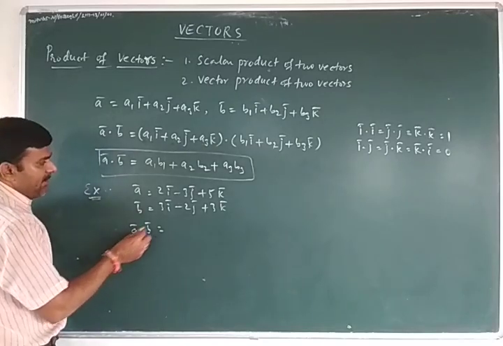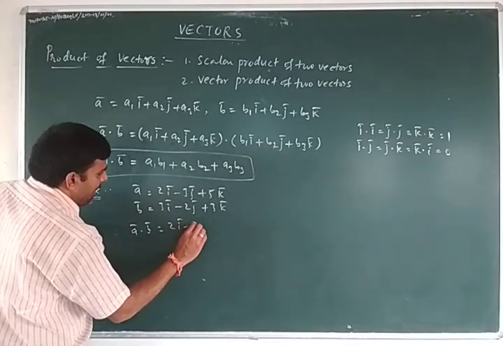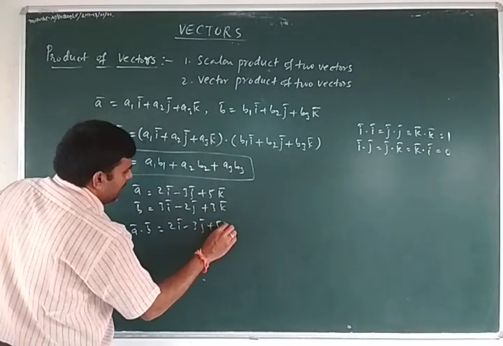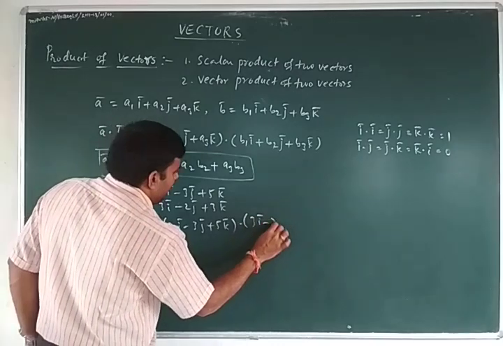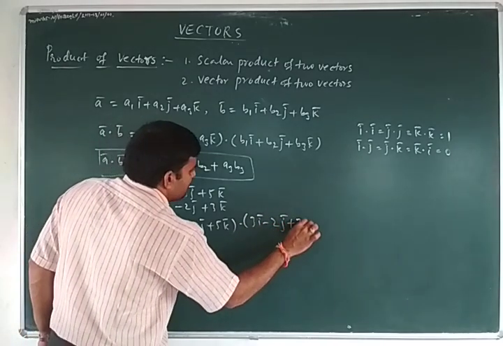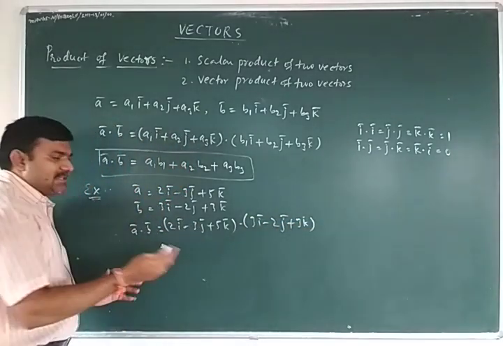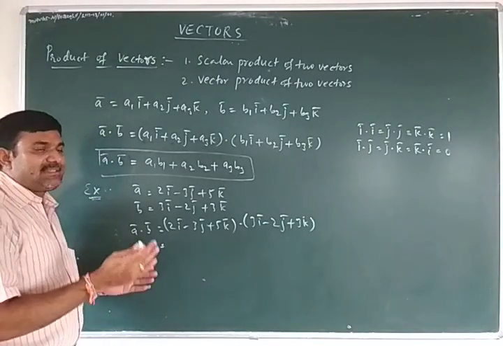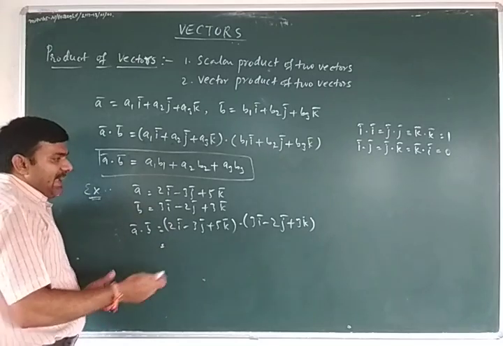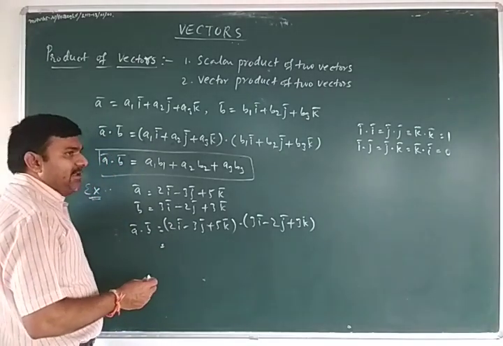First write the A bar vector, 2I bar minus 3J bar plus 5K bar dot 3I bar minus 2J bar plus 3K bar. Now just multiply the I coefficients, J coefficients and K coefficients and add their corresponding values.